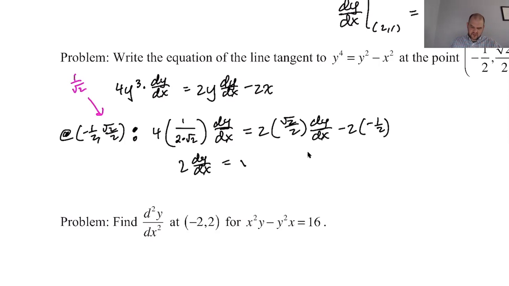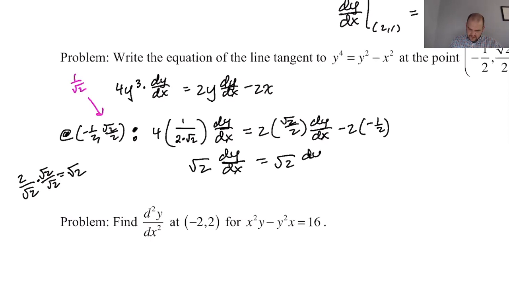No, it doesn't. It gives me 2. Ooh, messed up. I get 2 over root 2. But if you rationalize, that gives you actually just root 2. So I get root 2 dy/dx equals root 2 dy/dx, and then plus 1.